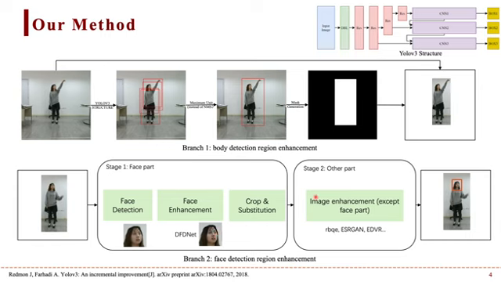For stage 2 in the face detection region enhancement, we do image enhancement on the other part of the human region except for the face part. We tried a lot of different methods here, for example RBQE, ESRGAN, and EDVR. Finally, we combine those two parts in the human region.